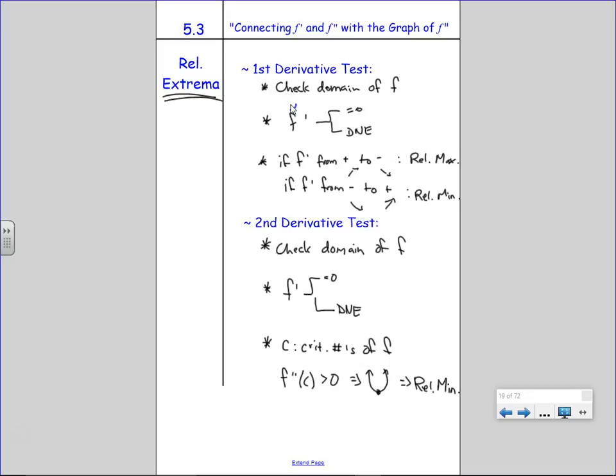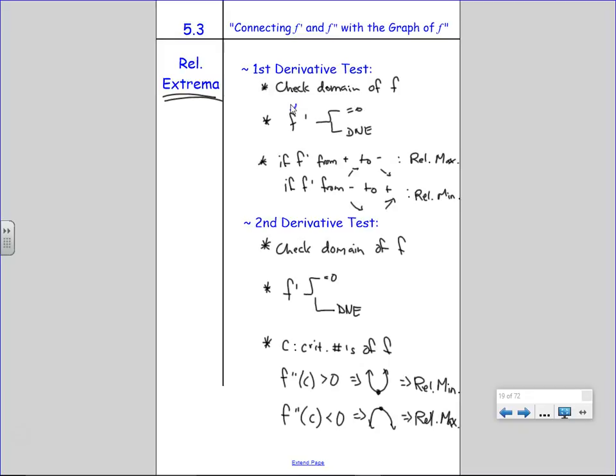My concavity is positive at a critical number. If my concavity is negative at a number, concave down like a frown at that point, that will be a relative max. And as we talked about earlier, if the second derivative is 0 or does not exist, it must not be curved at that critical point, so I can't use concavity to help me determine. I say the test fails and I go back and just put a normal sign chart.